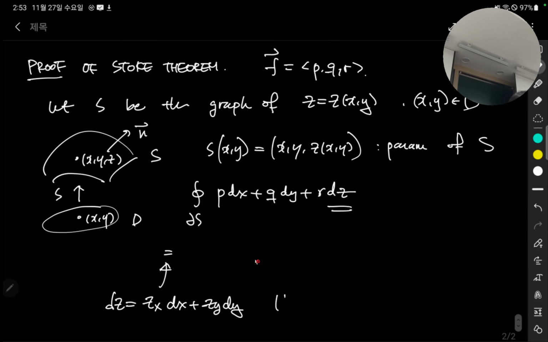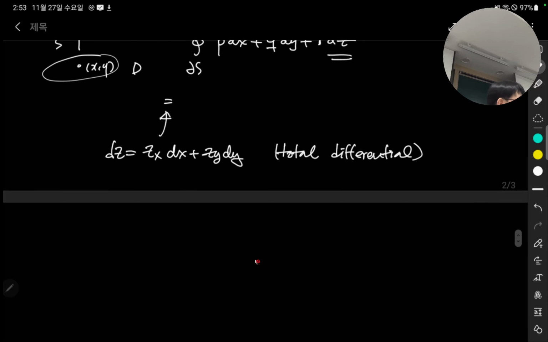So this is called a total differential. If you took engineering mathematics, you have probably seen this before. But it also comes from the chain rule.